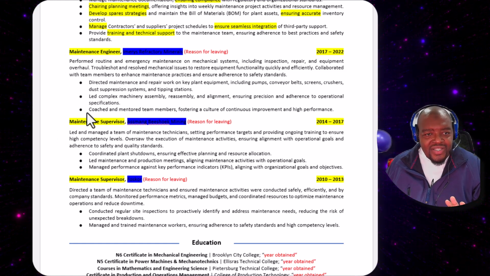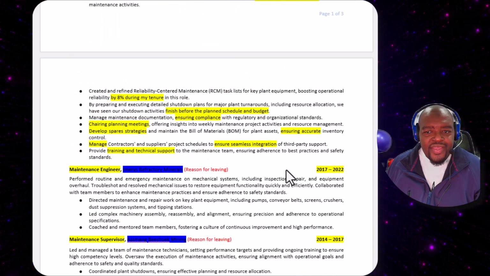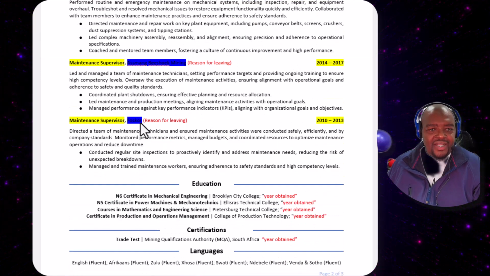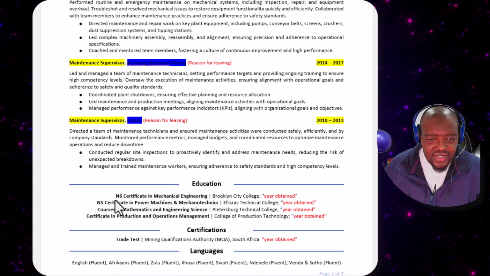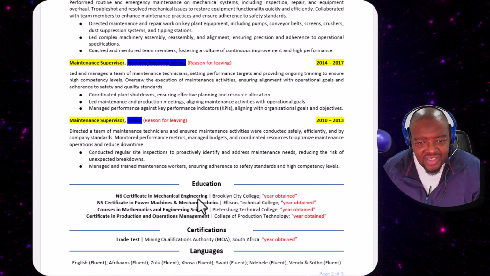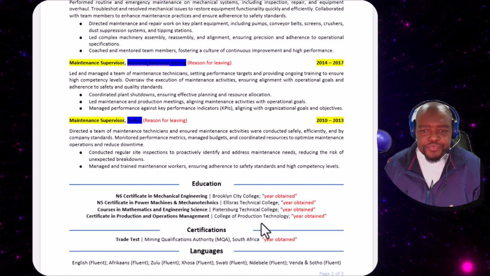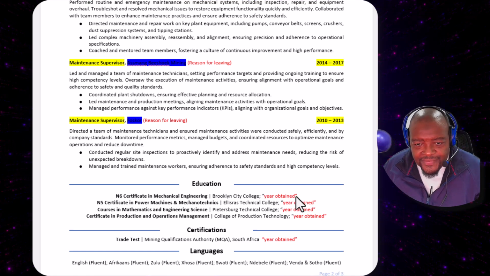But what is listed here needs to align with what we have for this very first current company where he's working. And then here he's got education and N6 certificate in mechanical engineering. All this is excellent, and name of college, whatever. But now our candidate must add year obtained.